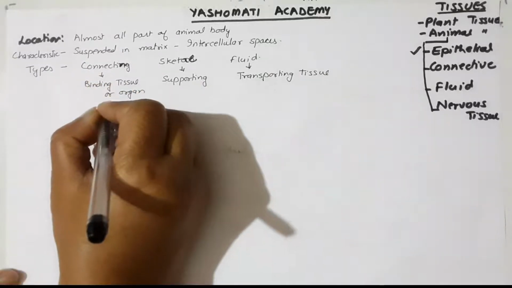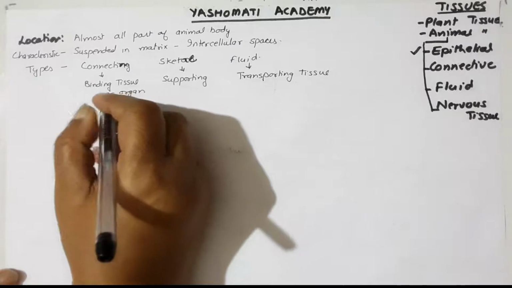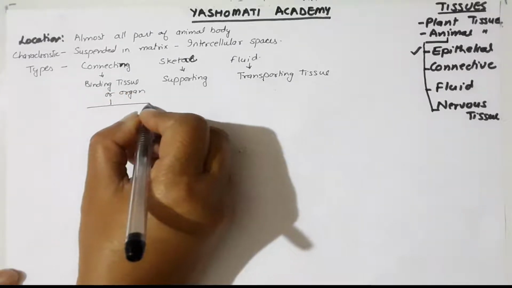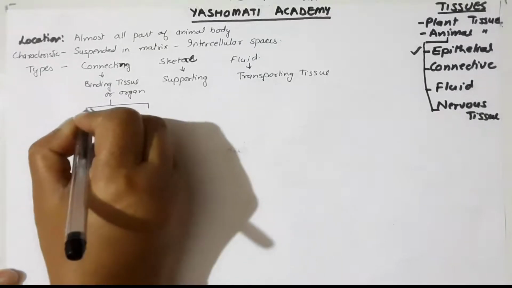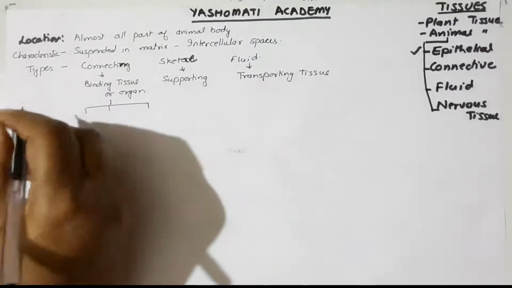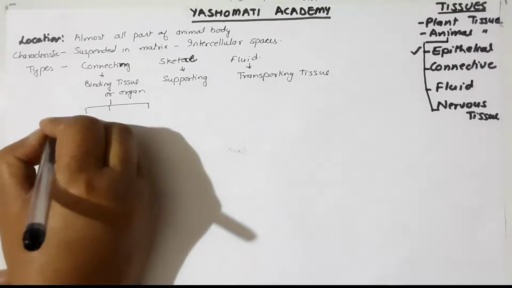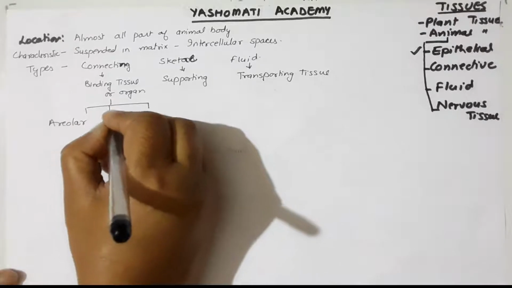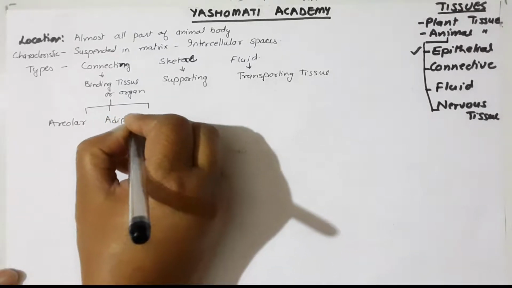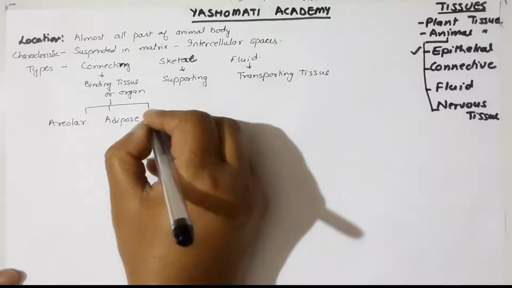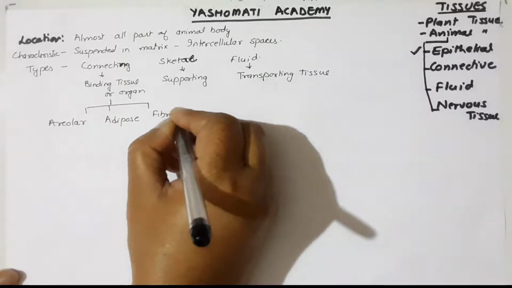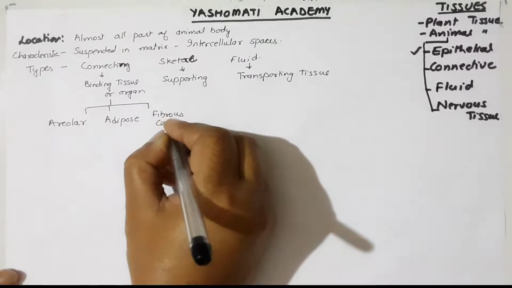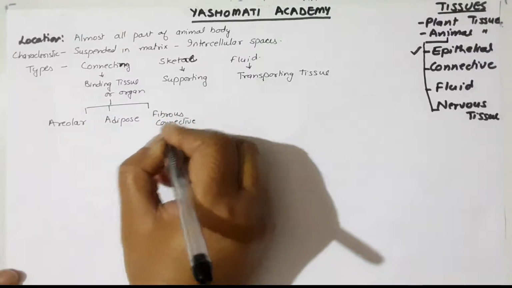Connecting tissue, they are of further three types. One is areolar, second is adipose, and third is fibrous connective tissue.